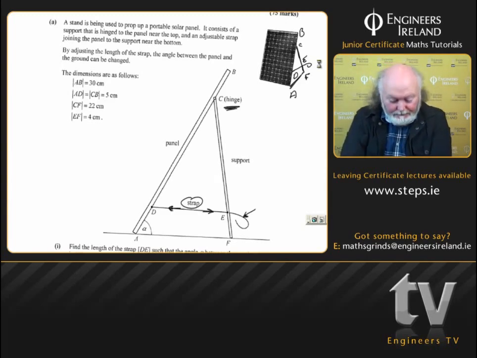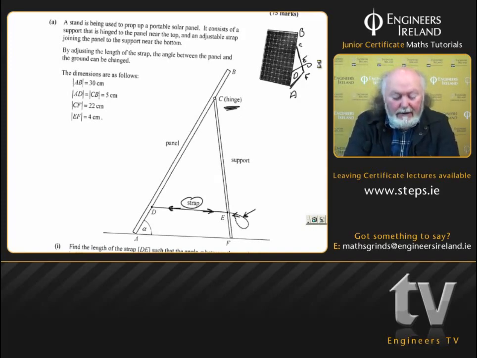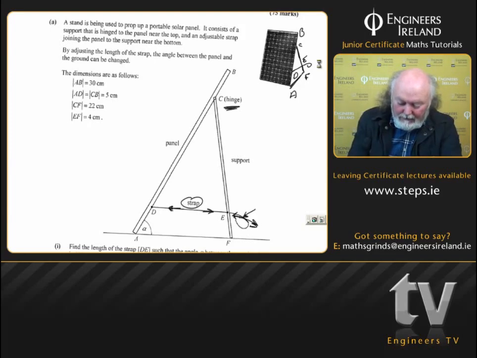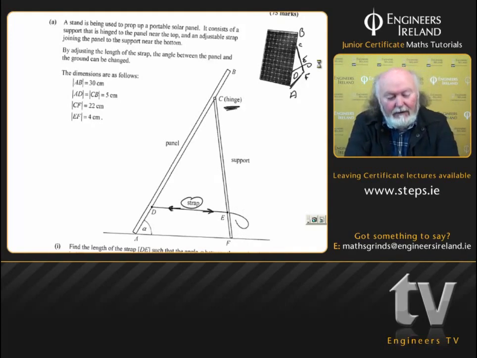It's saying by adjusting the length of the strap, by letting some of this in or pulling some of it back out again, the angle between the panel and the ground can be changed. That's pretty obvious. If we pull the strap back in this direction, it'll send this up this way and it'll become more vertical. And vice versa.